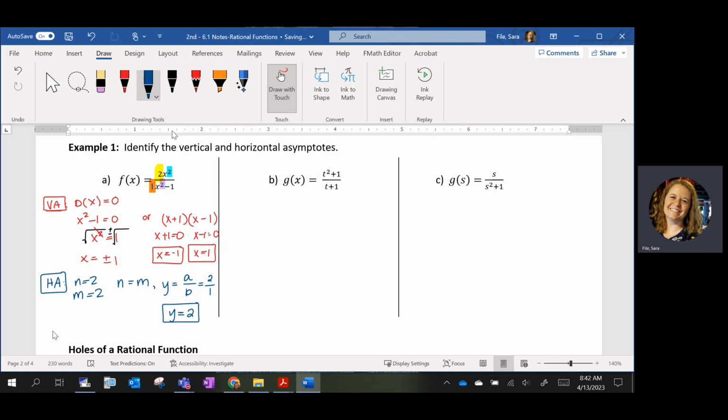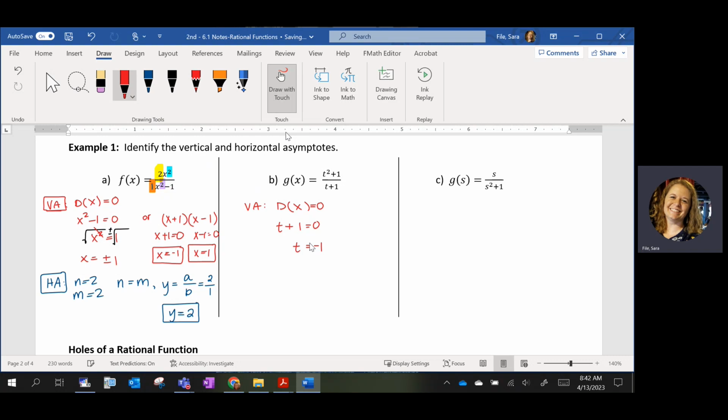This process makes sense? All right, let's do the same thing for b. Now in b, when I go to set my denominator equal to 0, it's just a linear function. So that one is easy enough to solve. I'll just subtract the 1 over.